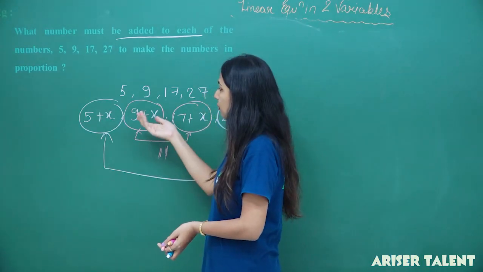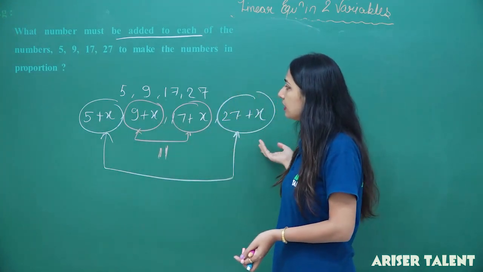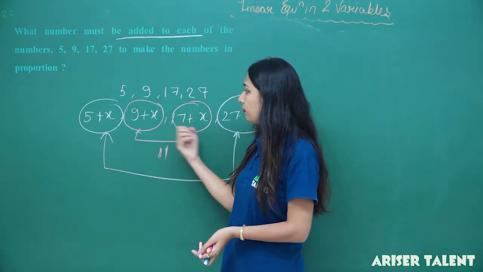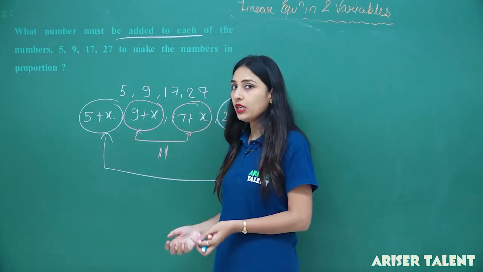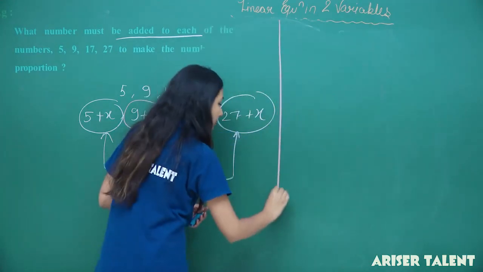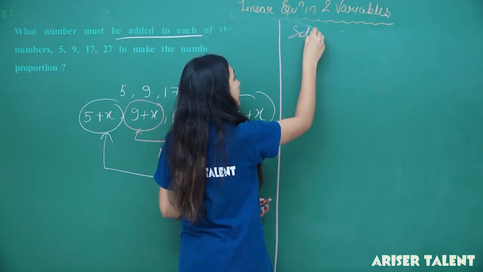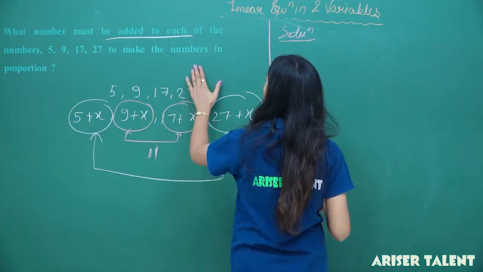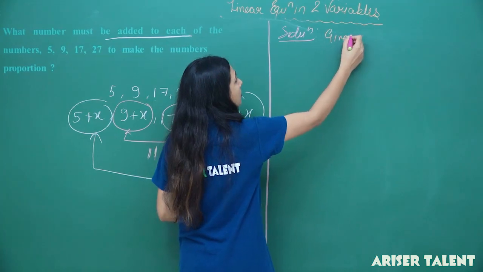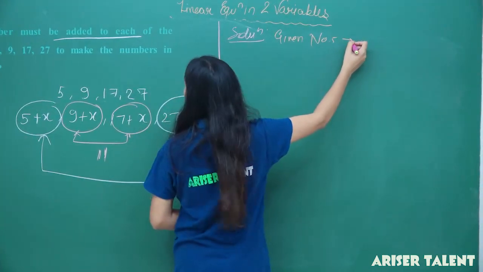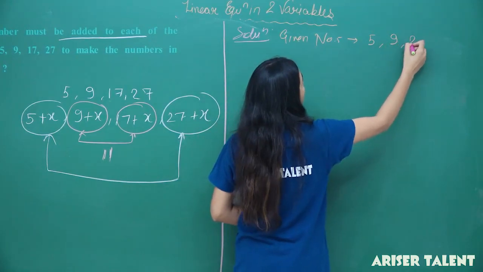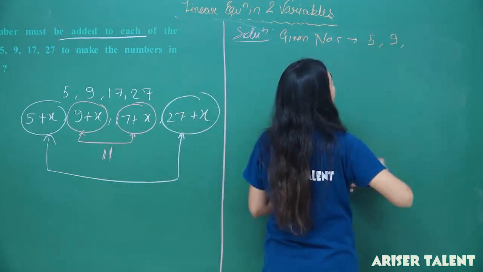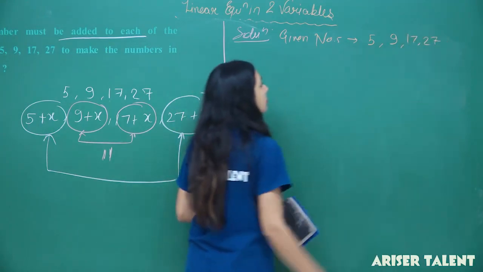Okay. I have supposed this x, and I am very much familiar with what pattern should be there. So just write it in an equation. Now, this is about the understanding. How are you going to write it? First, the given numbers: 5, 9, 17 and 27.